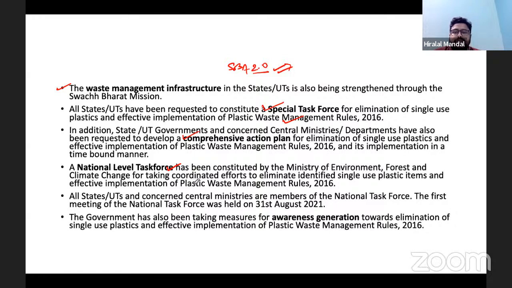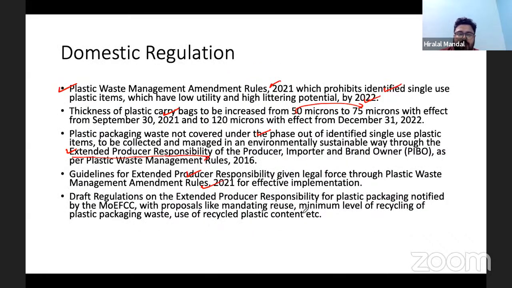Similarly, a national task force has been constituted under the Ministry of Environment and Forest that will also aim at effective implementation of the plastic waste management rules. Apart from that, the government has also gone for an awareness generation program, right? So these are the various efforts made by the government to reduce plastic waste in the country.